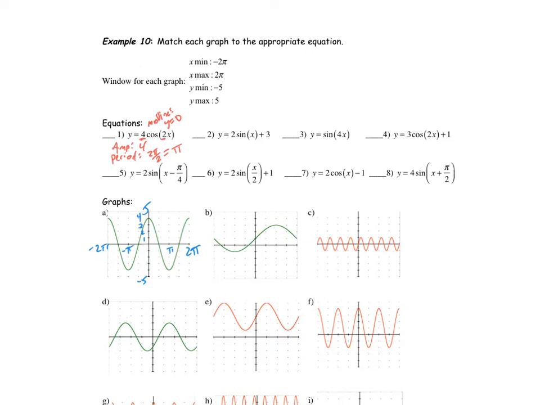So when looking at the graphs, the letter A actually looks like a cosine. It goes through 0, 4.